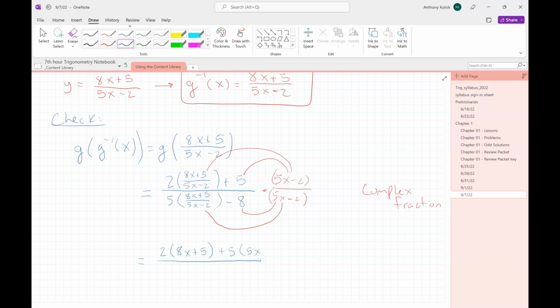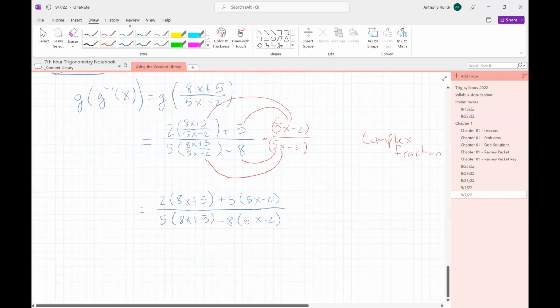I'm just going to write it like that for now. And the same thing happens in the denominator. And look at that. That's lovely, right? We now have only a single fraction. There's no fractions inside of fractions going on. Yes. That's really nice.